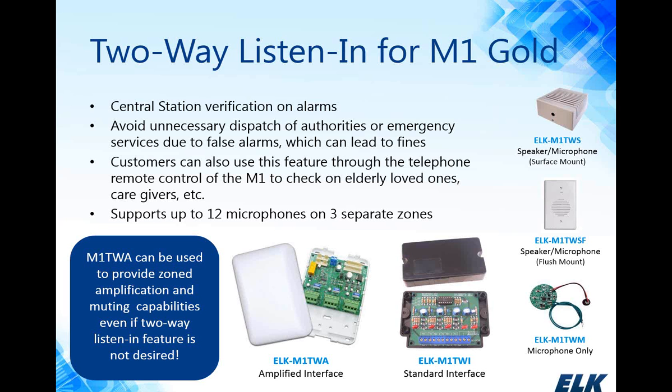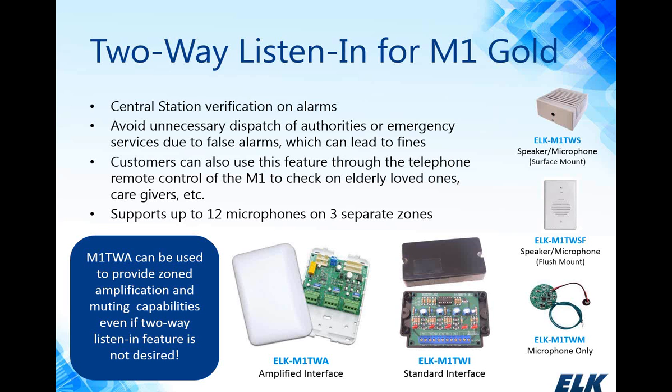A feature of the M1 system is its two-way listening capability, and this would normally be used for central station verification on alarms to help avoid unnecessary dispatch of authorities when it's just somebody who accidentally burned toast or something. But it also allows individuals to call into their system and listen in to perhaps check on a loved one, or to make sure the dog's not tearing up the furniture or whatnot.